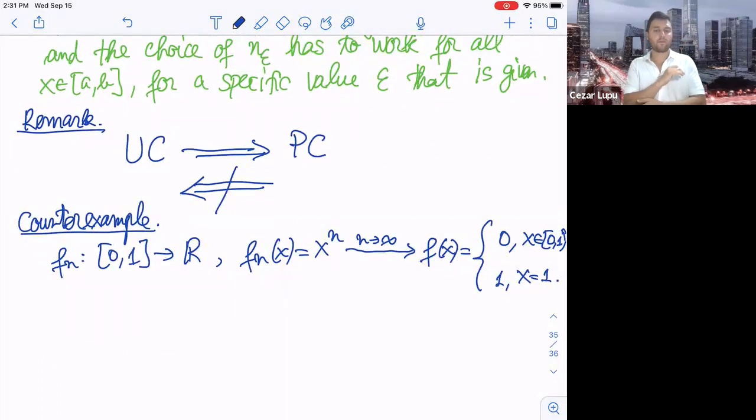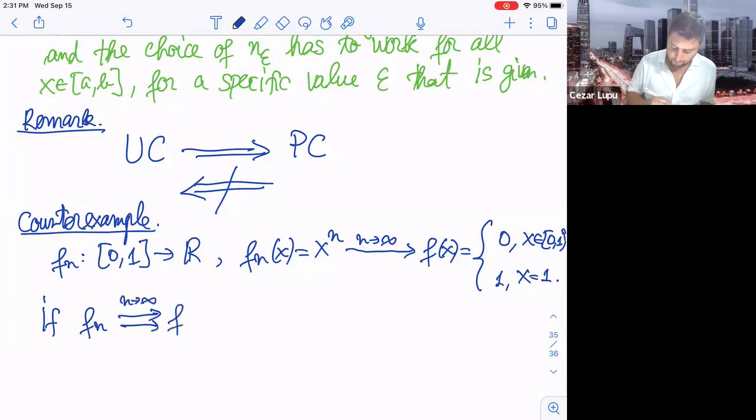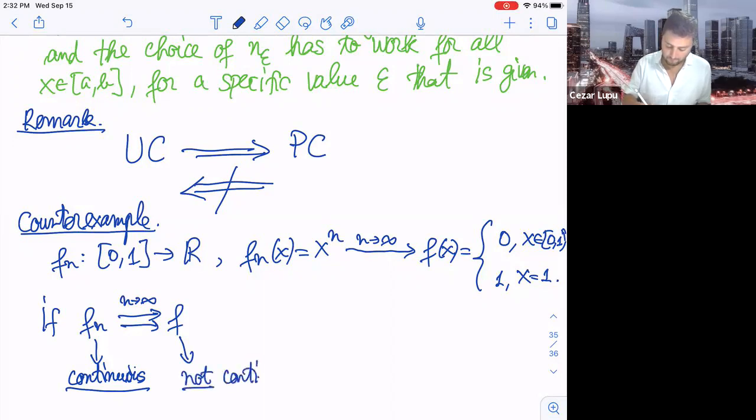Well, if Fn would converge uniformly to F, then since this is a sequence of continuous functions, by uniform convergence the continuity will be transferred to F. But unfortunately, if you look at this piecewise function, this is not continuous. So therefore, we get the contradiction.